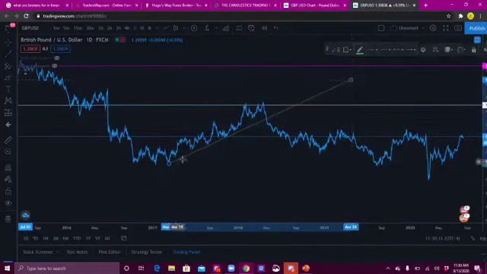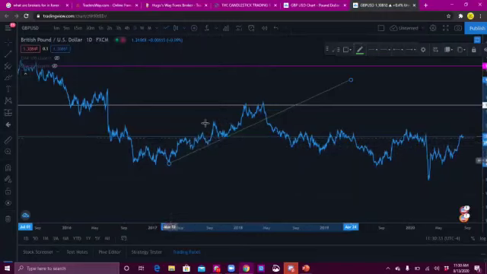This would mean that this is an uptrend. Why? Because up, down, up, down, up, down, up. That means the market is making higher highs and higher lows. That means the market is just going up. It's trending up, and the trend is your friend.